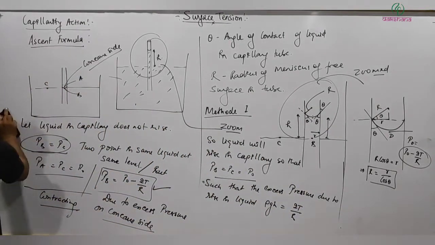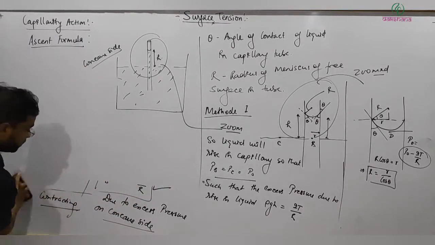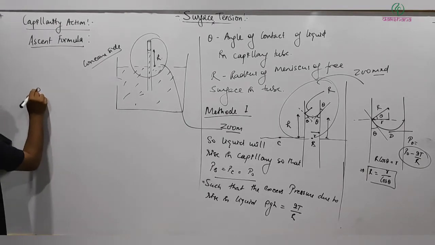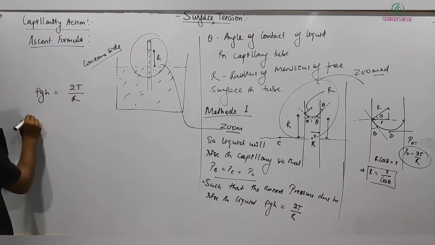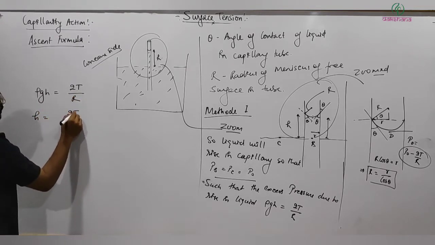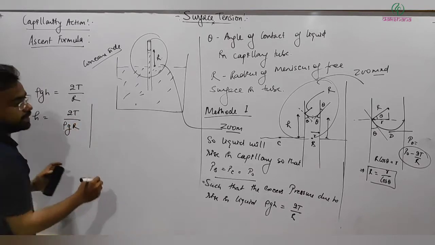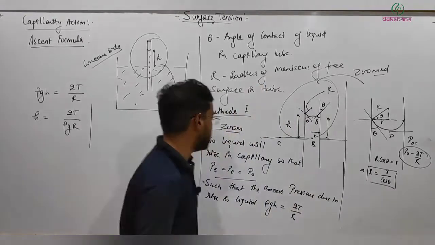Now I can erase this part. Then I got this relation. So we have ultimately rho g h equal to 2T by R, and this implies h is equal to 2T by rho g R. And by this relation I can substitute capital R in terms of small r.